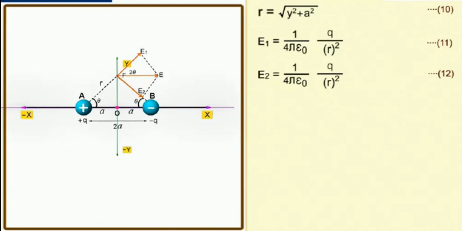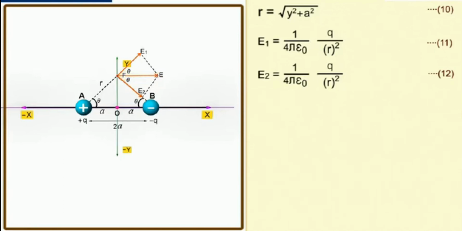Hence, the diagonal bisects the angle 2 theta. Thus, the resultant of E1 and E2 makes an angle theta with the direction of both E1 and E2. The resultant of E1 and E2 is parallel to the x-axis and is directed along AB.